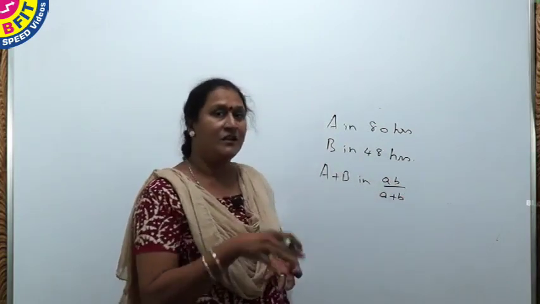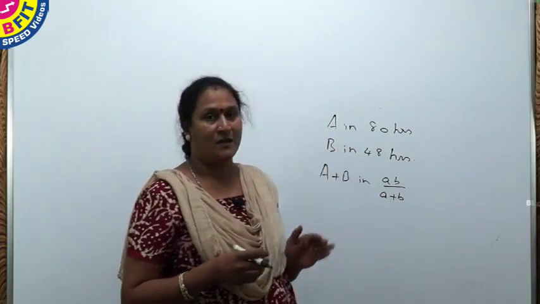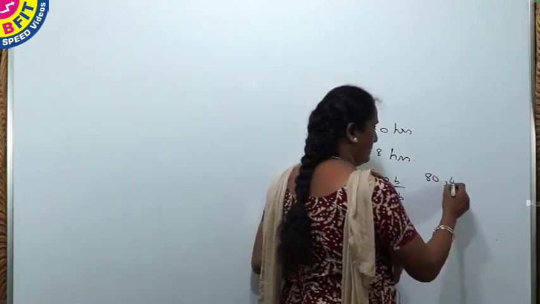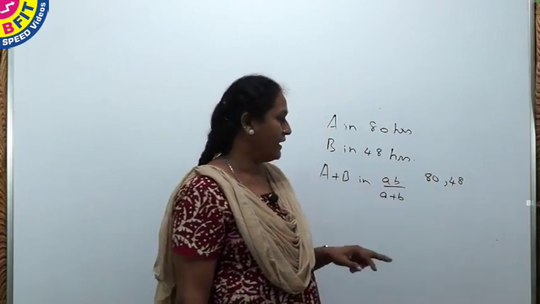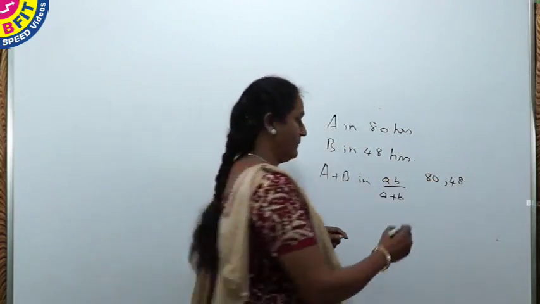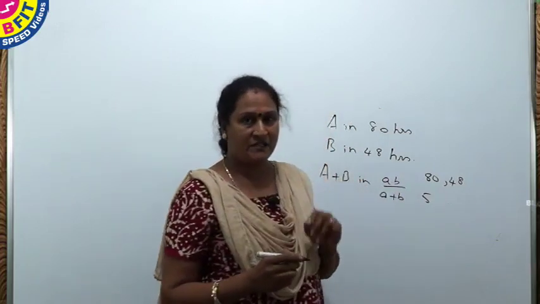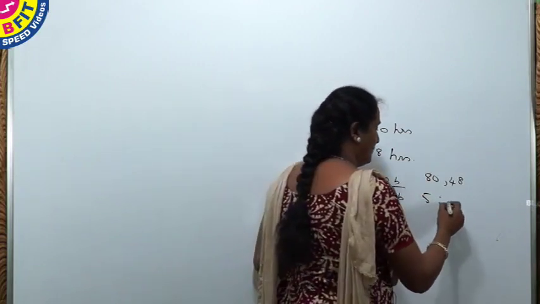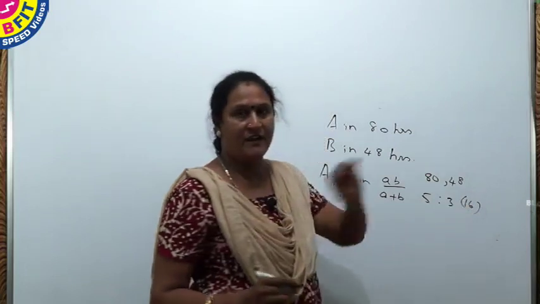But here using the shortcut, we can see what is the common ratio between the time taken by A and B. So the common factor between 80 and 48 is 16. So 5 times 16 is 80 and 3 times 16 is 48. So the ratio of time taken is 5:3 and the common factor which we have simplified is 16.